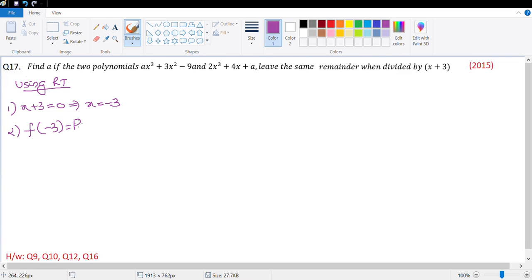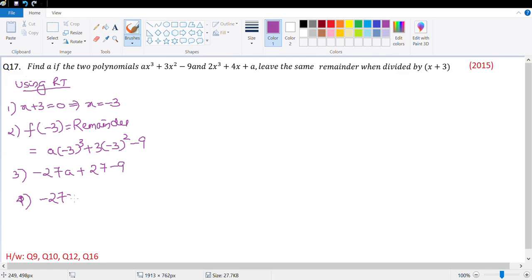In this case, that will be a times negative 3 cube plus 3 times negative 3 square minus 9, that's negative 27a, plus negative 3 square, that's 9 into 3, 27 minus 9. This is negative 27a plus 18. That's our first equation. This is the remainder when the first polynomial is divided by x plus 3.